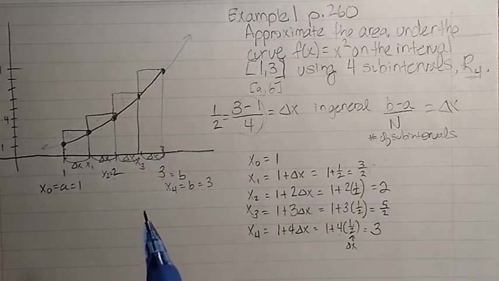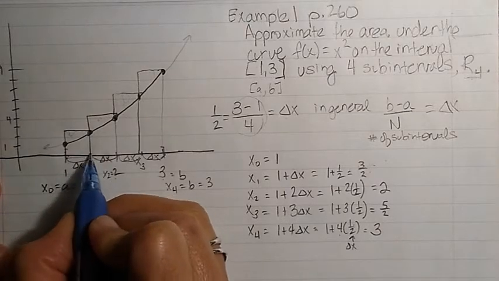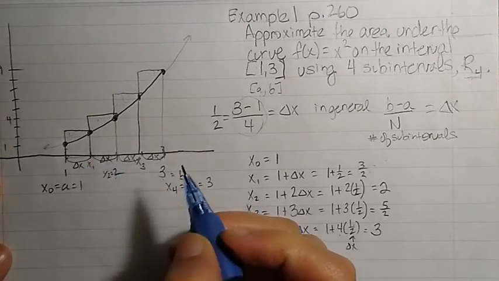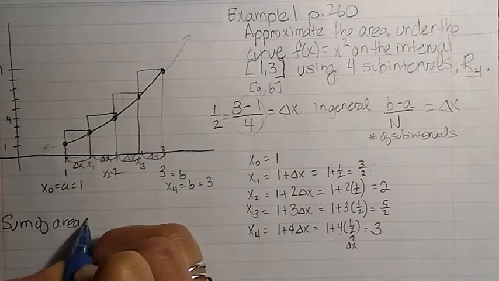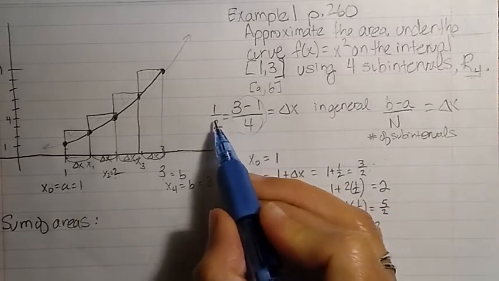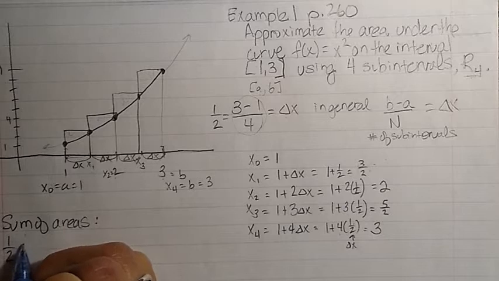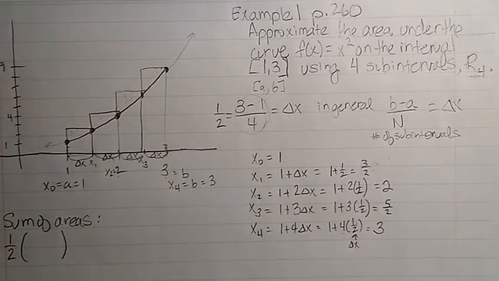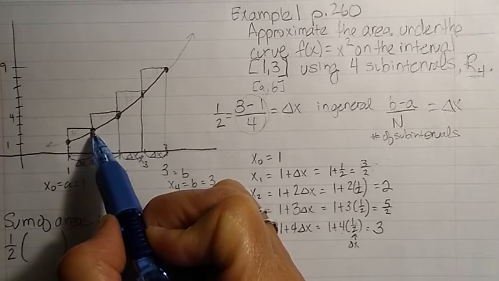Now, how do I sum up those areas? Well, all of them have the same width. They're all delta x. So the sum of the areas is going to be delta x, which for us is 1/2, times the height of the rectangle. Okay, well, how tall is this rectangle? The thing you should notice about this rectangle is that it sits on the curve.